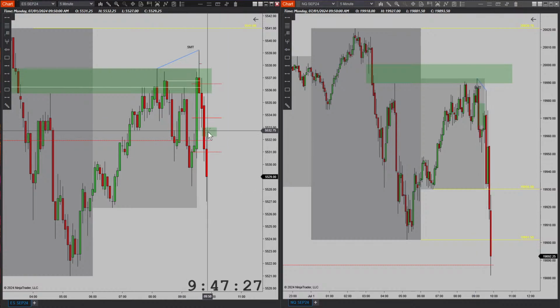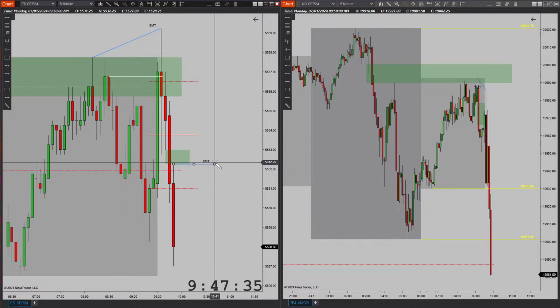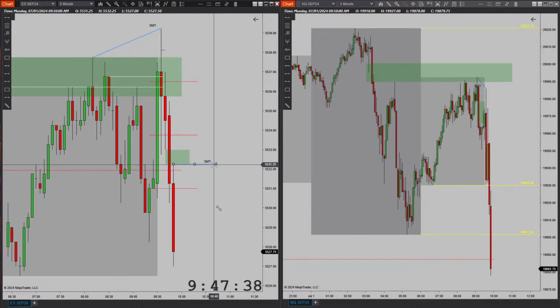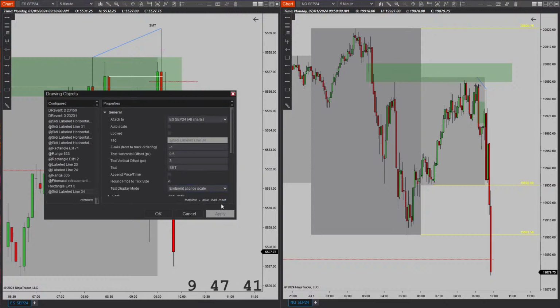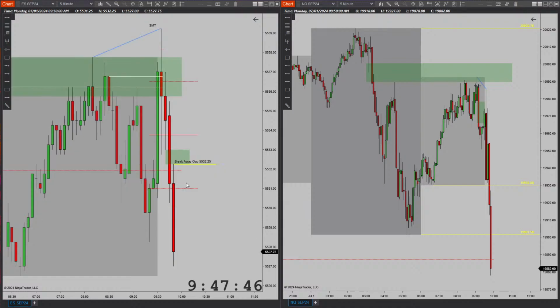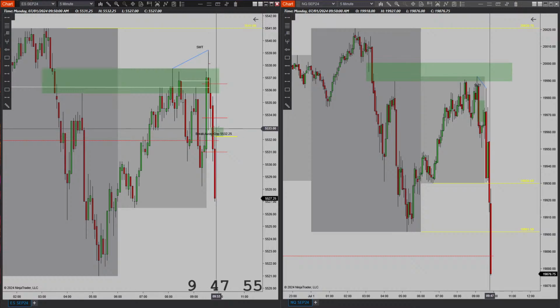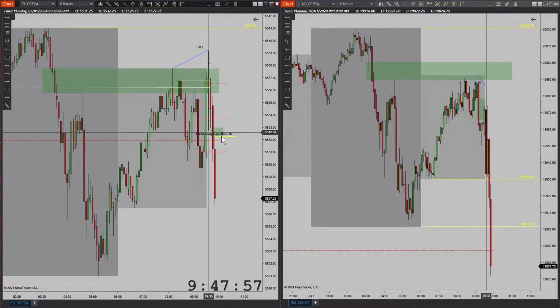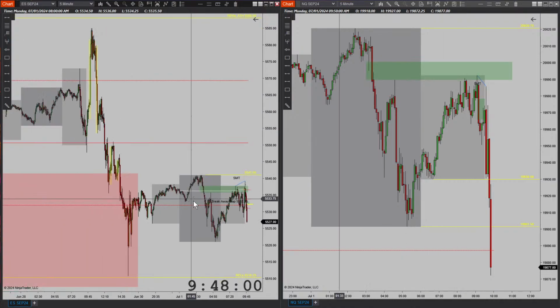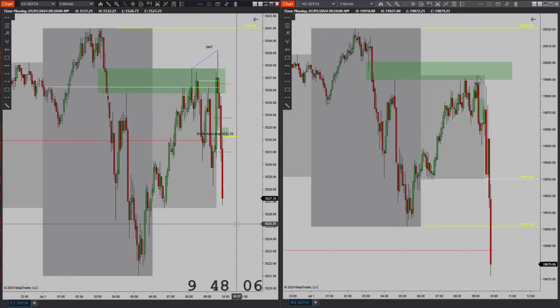I don't want to see this gap get filled, because if it doesn't get filled, that would classify this as a breakaway gap, meaning that price is unwilling to fill this gap, and so because of that, price should draw lower with aggressiveness.